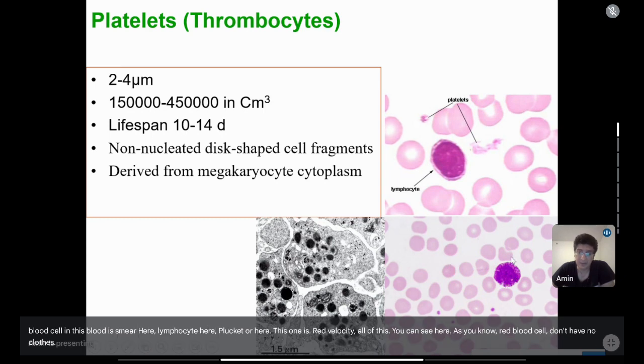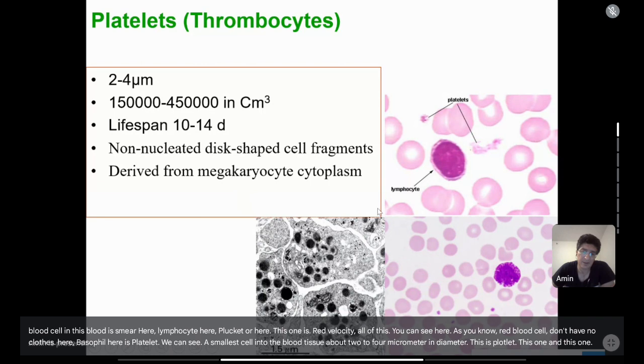Here, basophil. Here is platelet. You can see the smallest cell in the blood tissue, about 2 to 4 micrometer in diameter. This is platelet, this one and this one.